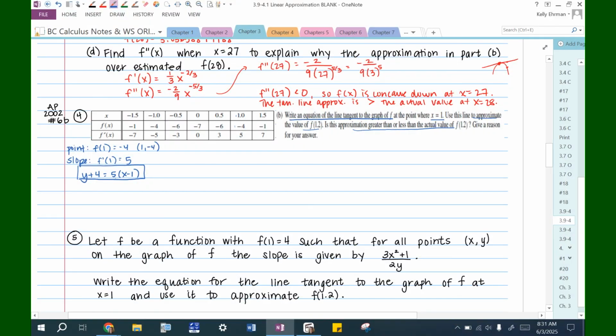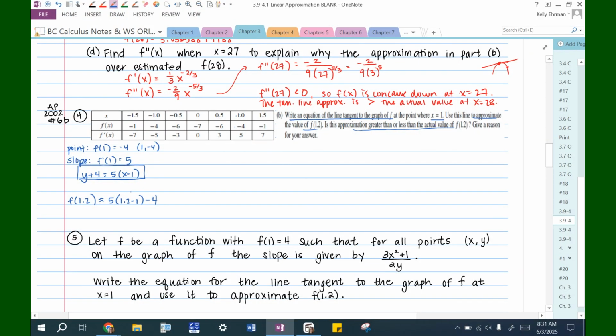That's done. Use this tangent line to approximate f of 1.2. F of 1.2, excuse me, is approximately equal to 5 times 1.2 minus 1. And then this plus 4 will get subtracted to this end. And again, we could leave it like this. I would like to simplify because it will simplify nicely.